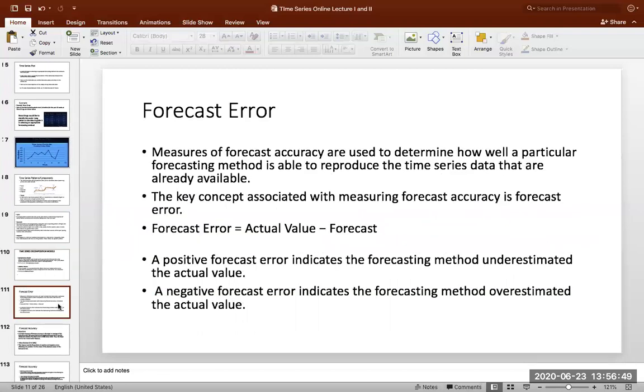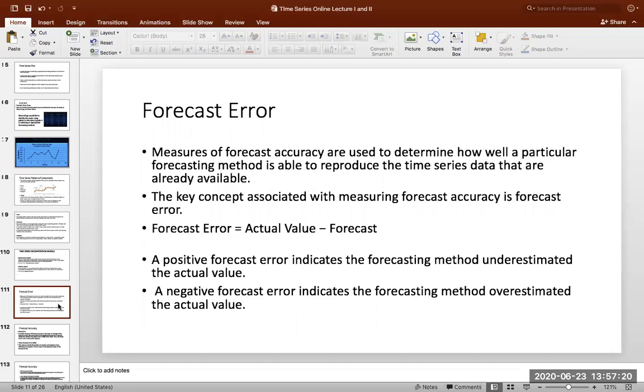But one thing that I want us to look at is the forecast error. So the forecast error is only the difference between the actual value and the forecast value. So let's say before 2020, you predicted that, let me say, Ghana's inflation will be 9.6.